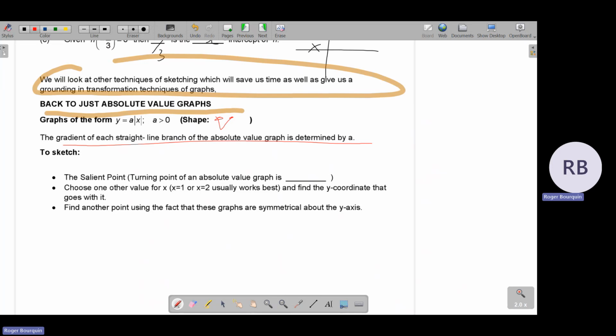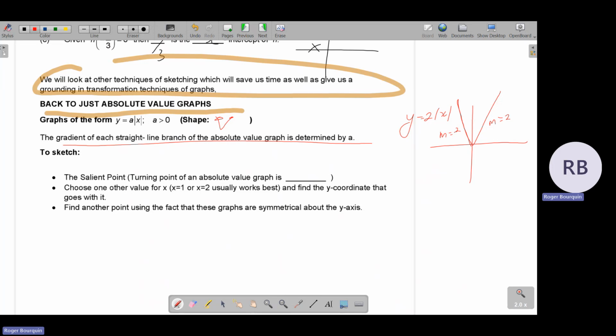If I had y equals 2 absolute value of x, this gradient over here, m is the symbol for gradient, would be equal to 2, and this gradient here would be negative 2. One's positive, the other is the opposite. Basically, your two branches are 2x and negative 2x.